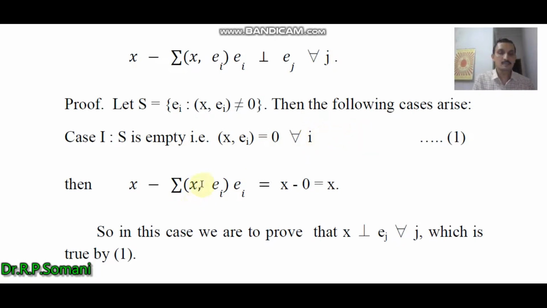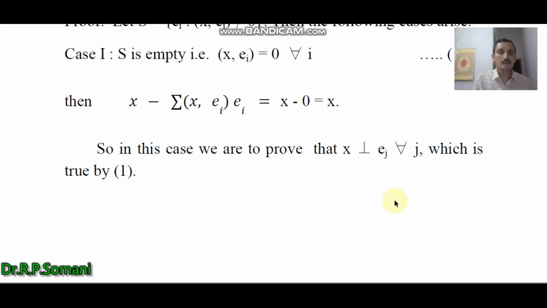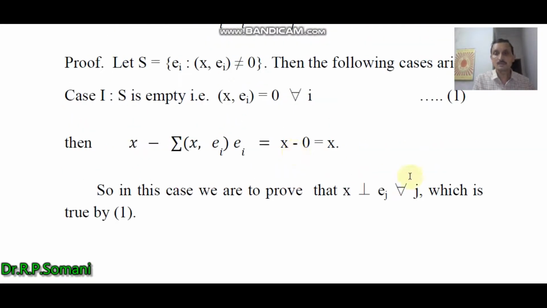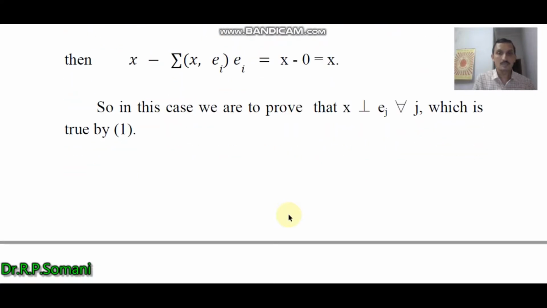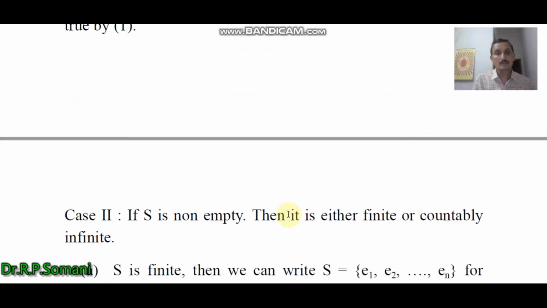Then x minus the summation equals x minus 0, equal to x. And so in this case we are to prove that ⟨x, e_j⟩ is zero for all j, which is true by equation 1. So this is the case for empty.